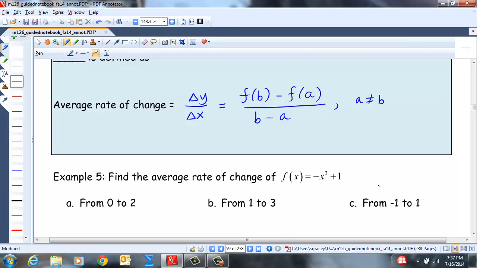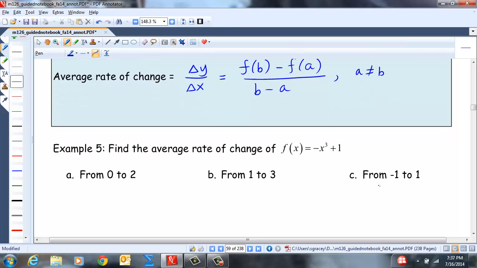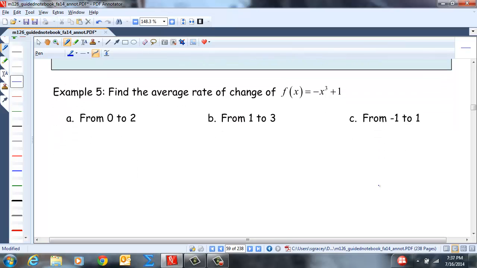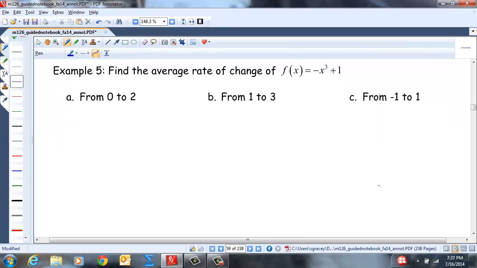So kind of like when a policeman's using a radar gun, they're finding an instantaneous rate of change to figure out what your speed is, as opposed to figuring out overall what your rate was when you drove to Vegas. You know, you might be driving at many different speeds on the way. So there's some pretty cool stuff you can do. So let's find the average rate of change of this function at these different values.